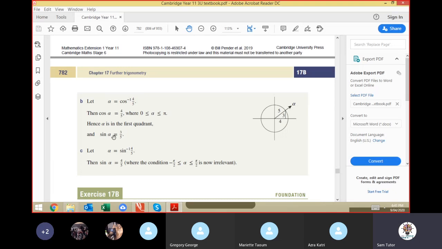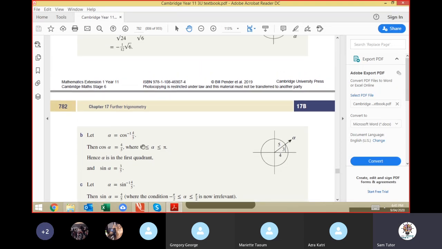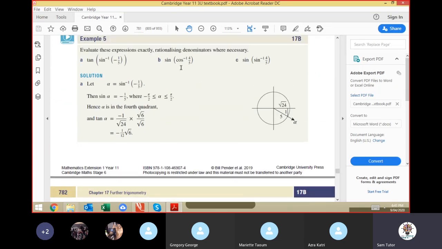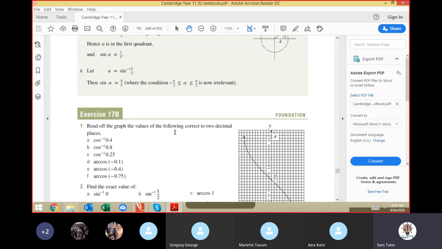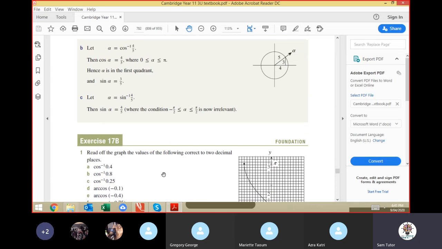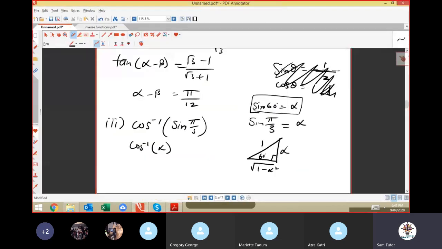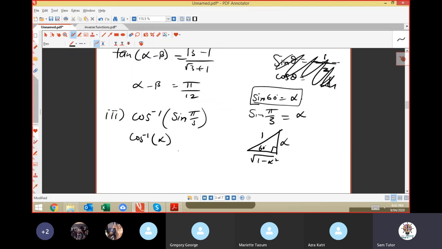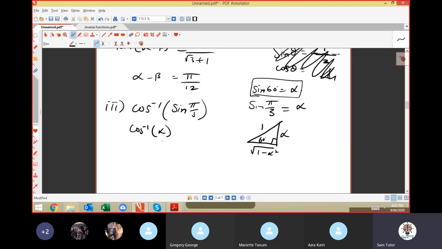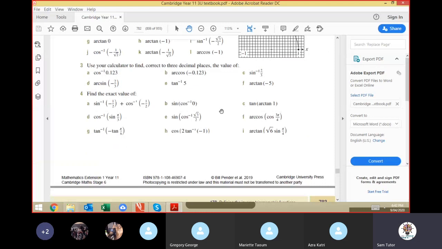I'm not wrong. Inverse cos of sine pi on 3. So I need to find inverse cos of alpha. Cos.